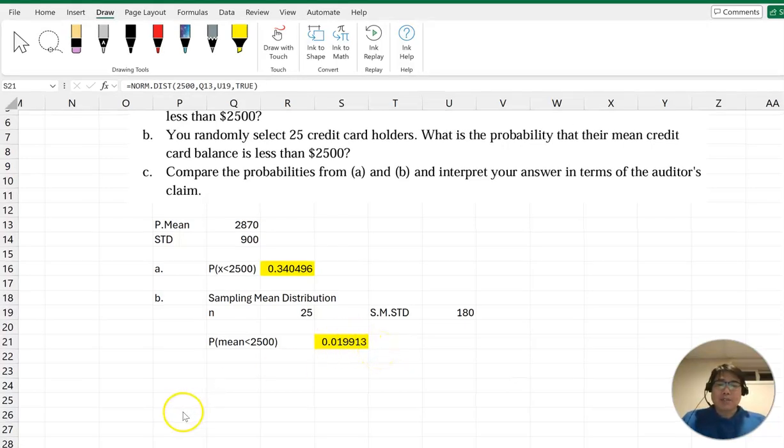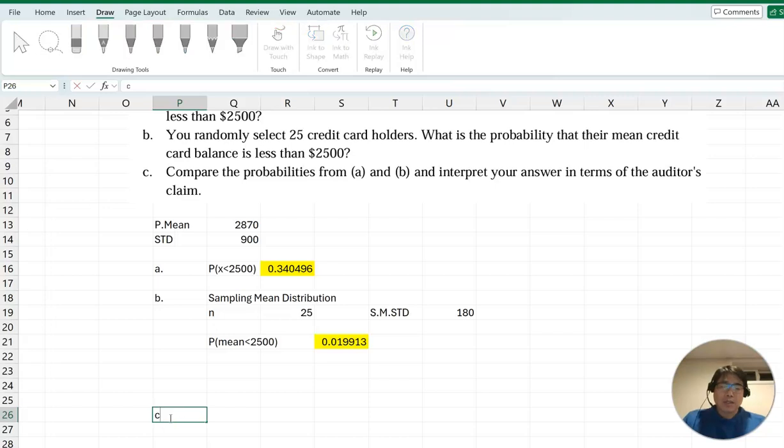Now C. Based on this, we can answer C here. Compare the probabilities from A and B and interpret your answer in terms of the auditor's claim.